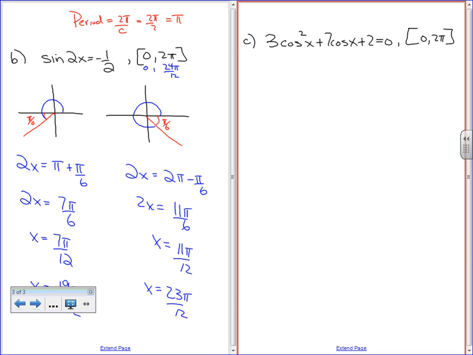Okay, so I want to know when is 3 times the cosine of x squared plus 7 times the cosine of x plus 2 equal to 0. So this is a quadratic. What makes it a quadratic is the exponent 2. So in order to solve quadratics, what do you always have to do?